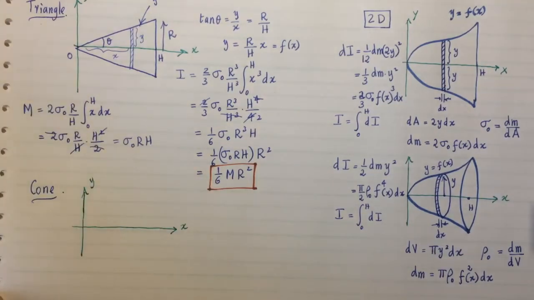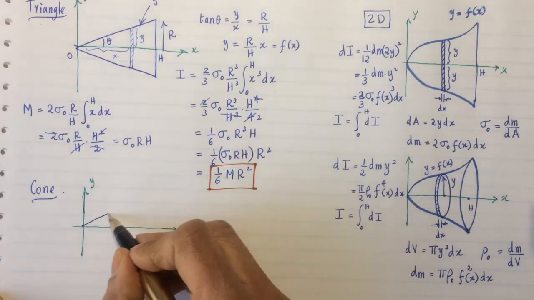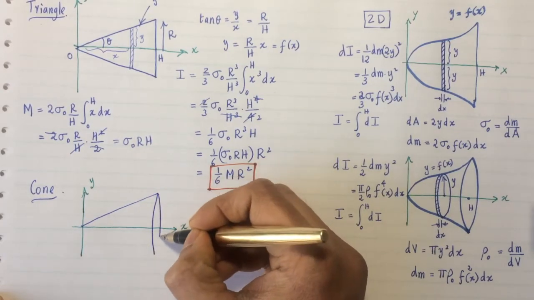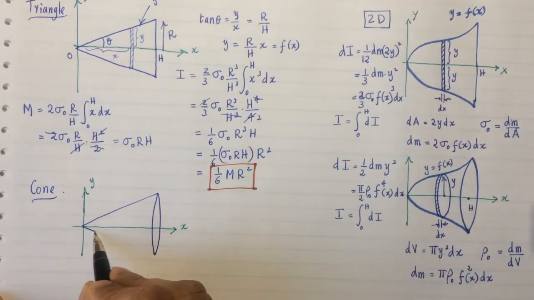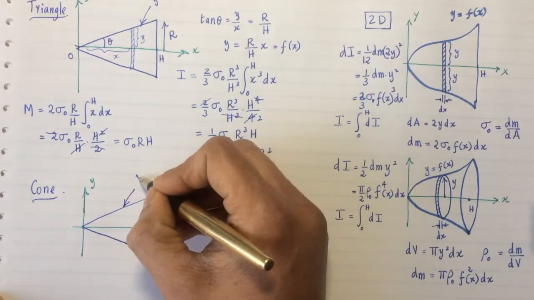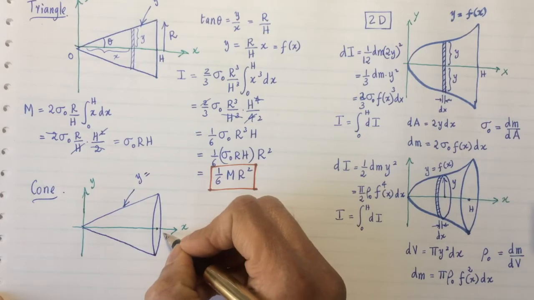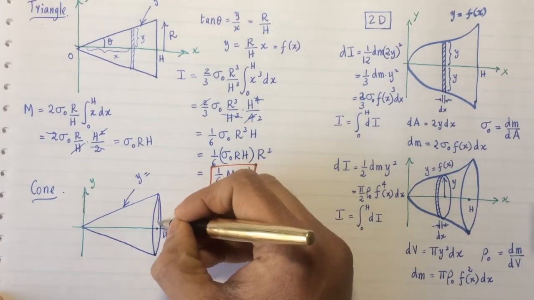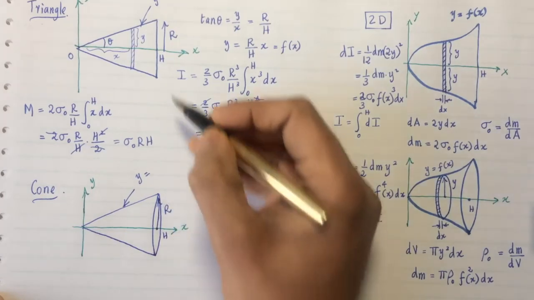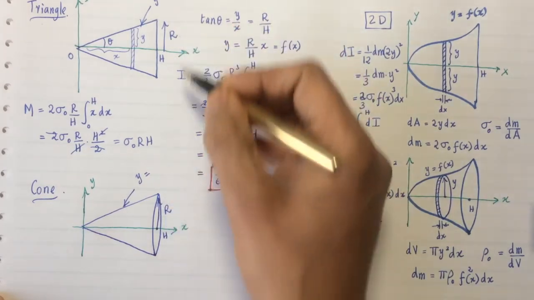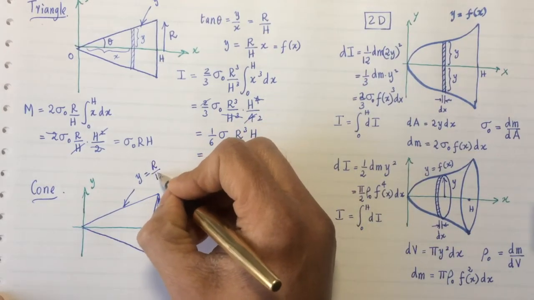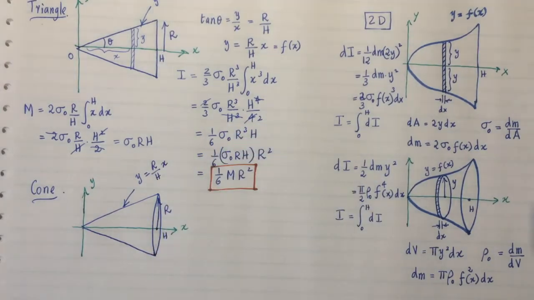There's almost no difference between the setup for the cone and the triangle in terms of the equations involved. The equation of this, if I call the height of the cone h and the radius of the cone r, that was one of my motivations to keep these symbols the same so I can save myself the trouble. So this equation is just that.